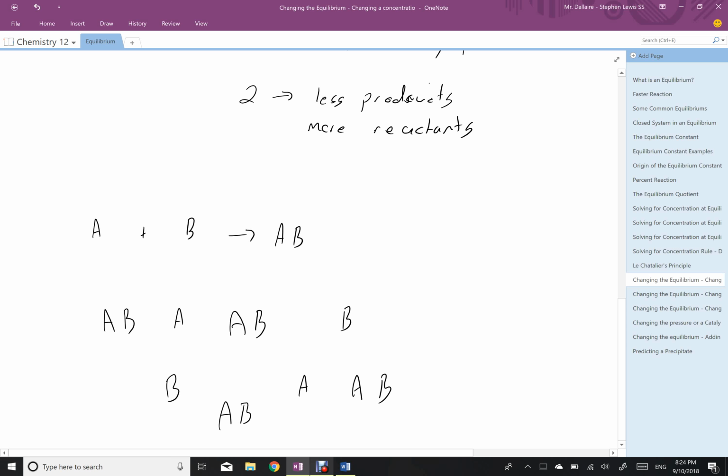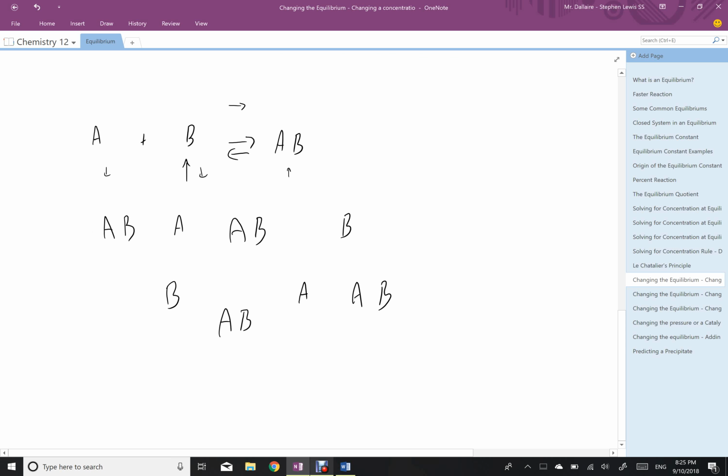Another way to look at this, if I were to increase the population of B, Le Chatelier would tell us that in order to resist the change to the system, the reaction should shift to the right, using up some of the new population of B. So this population should go up, and these two populations should go down.